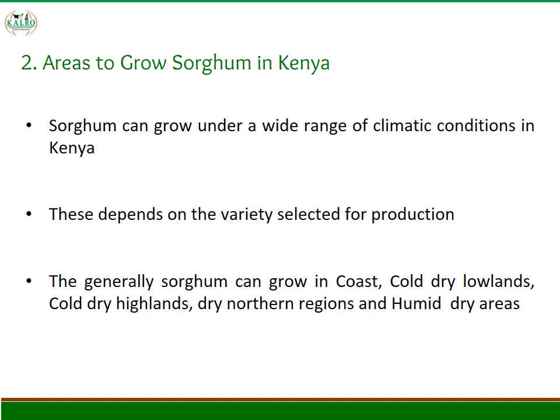Then you can look for the variety which suits your area. Generally, sorghum can grow in the coast, cold dry highlands, cold dry lowlands also, and the northern regions, as well as the humid dry areas.